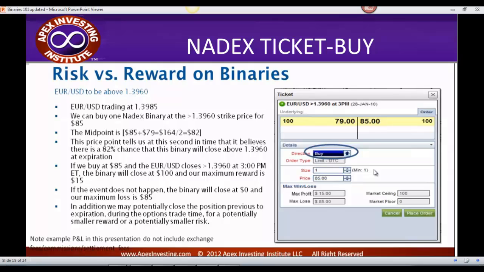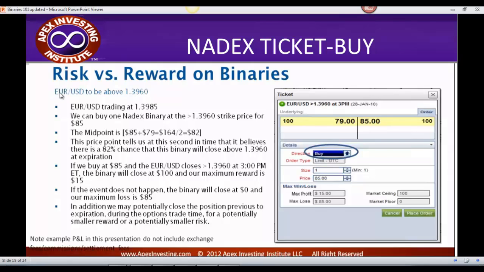This is an example of an actual ticket on Nadex. When I talked about in the money or the statement being true or false, what does that mean? Here's an example of a Nadex binary contract.